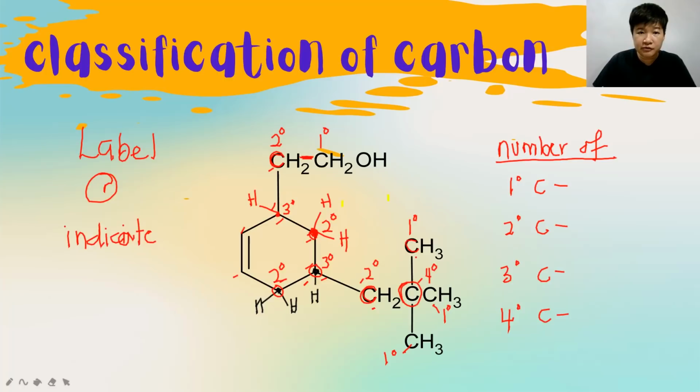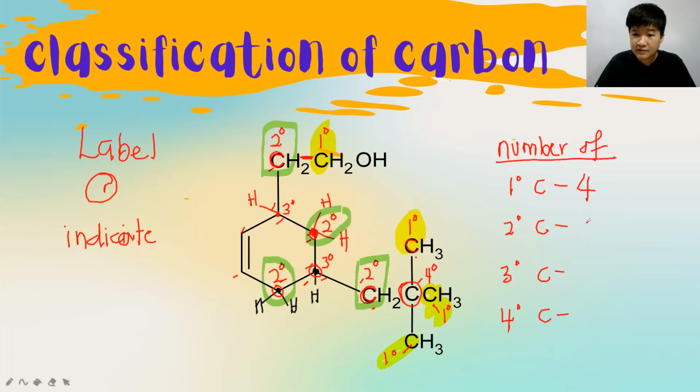So for the primary carbon, we are going to calculate how many primary carbon we have over here. Primary, 1, 2, 3, 4. So for the primary carbon, you have 4 carbon. Move on to the secondary carbon. So secondary carbon, 1, 2, 3, 4.